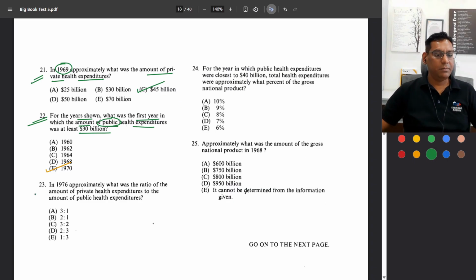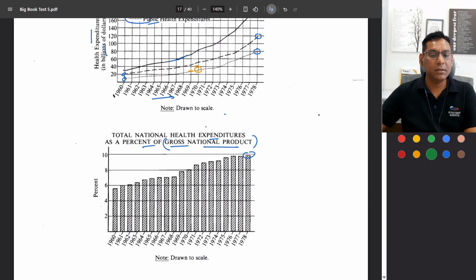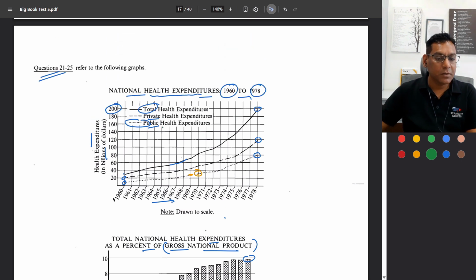Question 23, 1976, approximately what was the ratio of the amount of private health expenditure to the amount of public health? So I want private by public for 1976. Very straightforward. This is private. Let's first find out private.